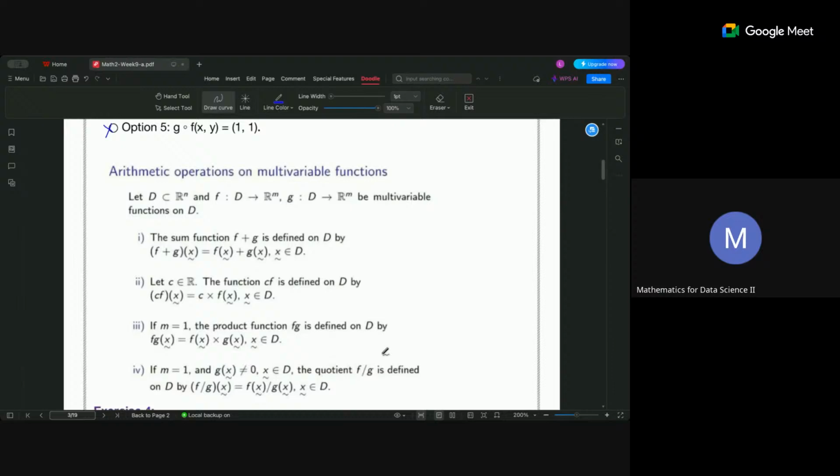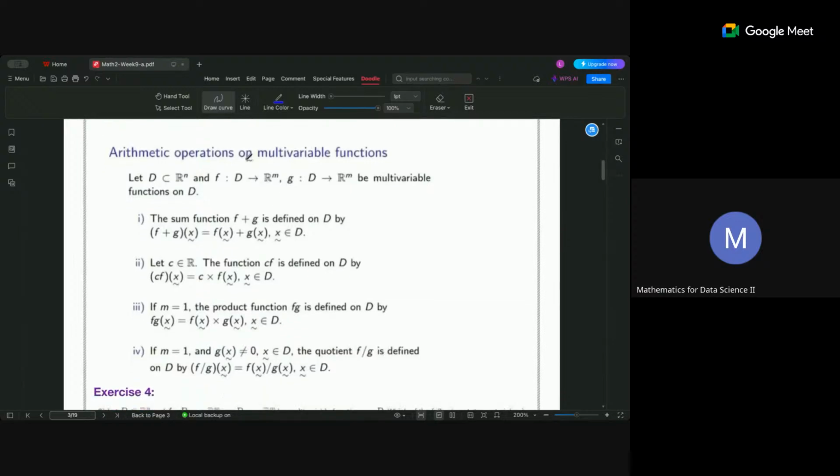All right. So here you have some arithmetic operations on multivariable functions. You can add two functions by splitting them. You can do the scalar multiplication and split them. And only when m is equal to 1, remember, these two are defined only for scalar valued functions.